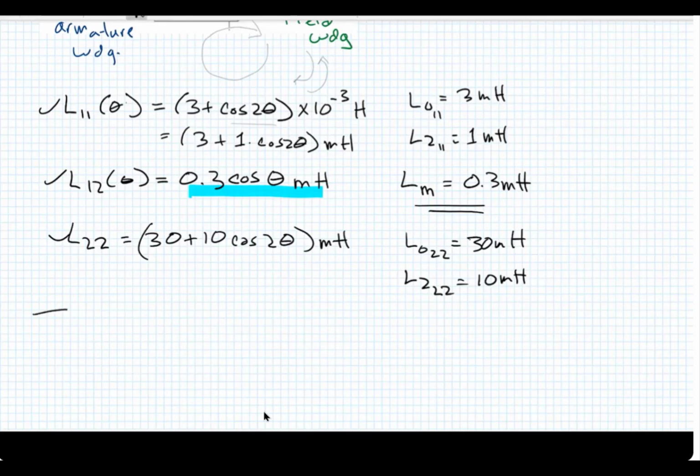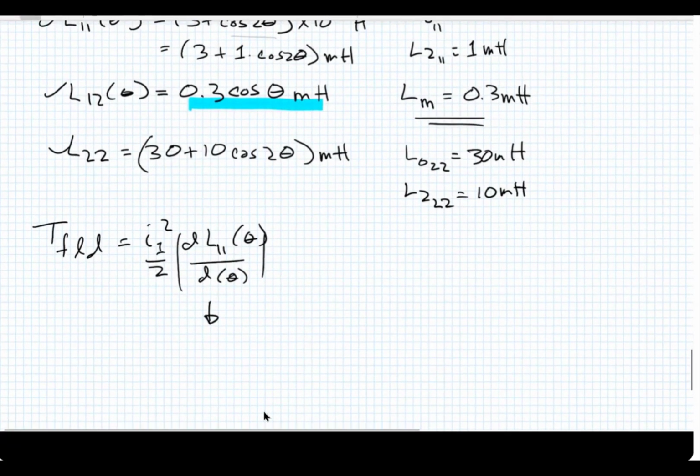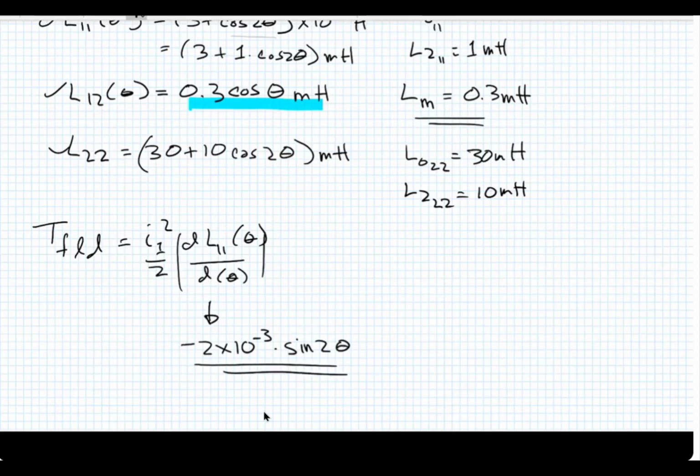So the torque expression ends up being, since you were given inductance and both of the currents, I1 squared over 2 times the derivative of this, which ends up being, for example, minus 2 times 10 to the negative 3 sine of 2 theta, plus I2 squared over 2.